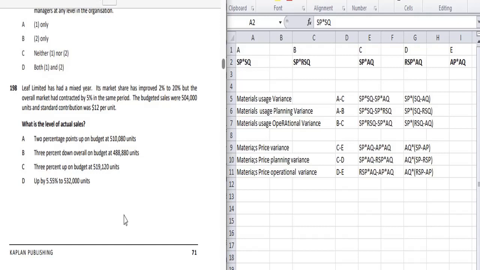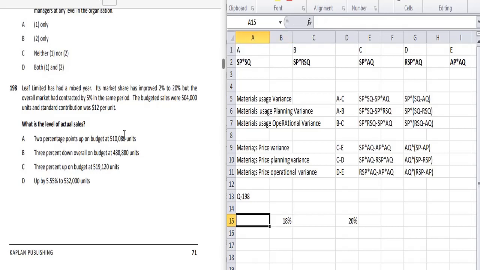Here, the question number is 198. The market share has improved 2% to 20%. It means earlier it was 18%, now it has improved to 20%. But the overall market has been contracted by 5%.